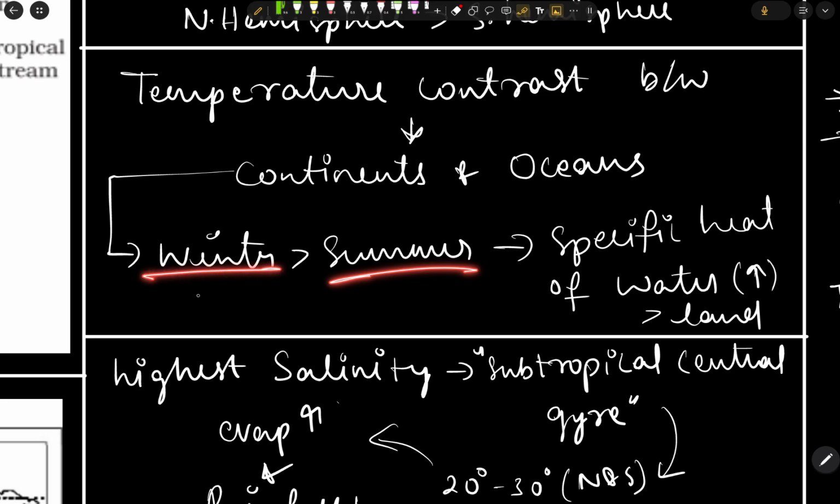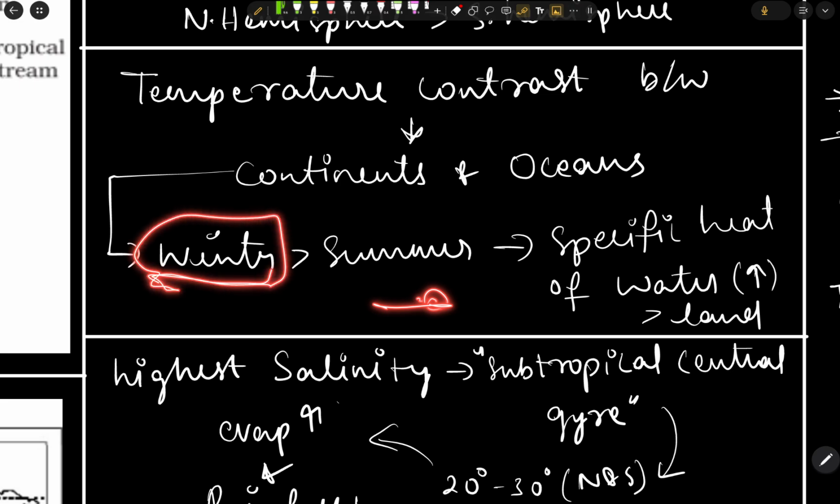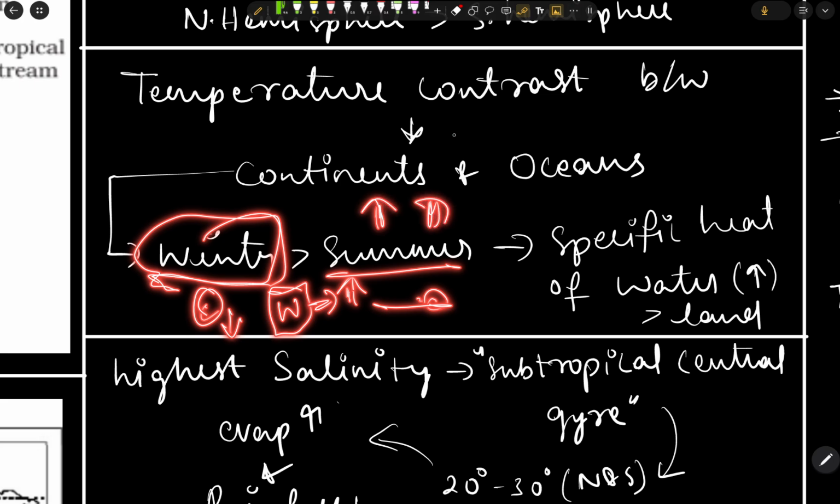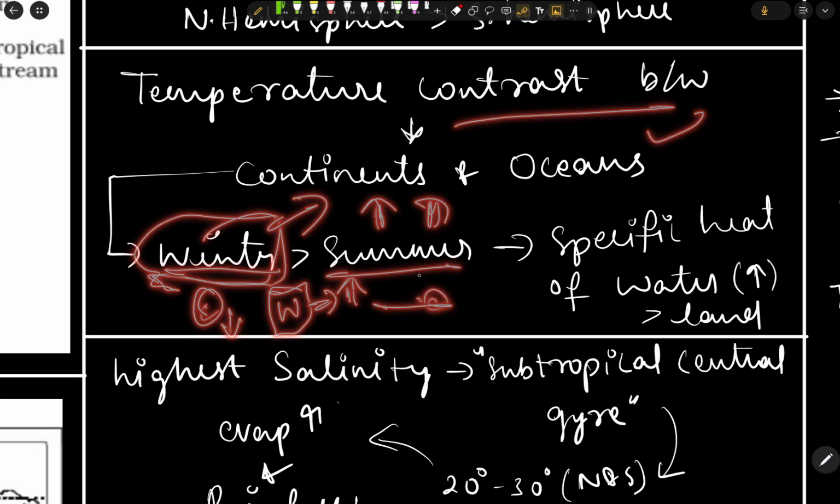And also in winters, the ocean has a higher temperature compared to the continents. In summers, continents have a higher temperature compared to the oceans, and in winters the continents become cooler and oceans are warmer. But in summer both are warmer, so that's why the temperature contrast is highest during winter but lowest during summer.